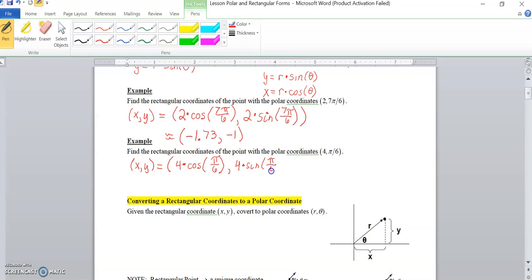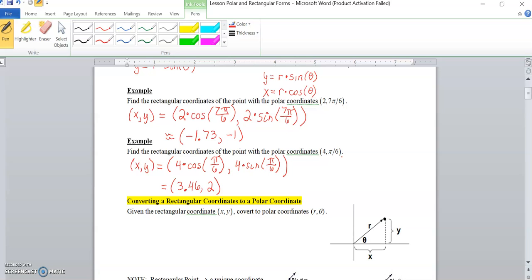Now we know pi over 6 is in the first quadrant, so we should get two positive numbers. In fact, that comes out to be approximately 3.46 in the x. And sine in the pi over 6's, those were increments of halves, so that was just 4 divided by 2. And again, we can check that should be in the first quadrant. Both were positive, so things are looking good.